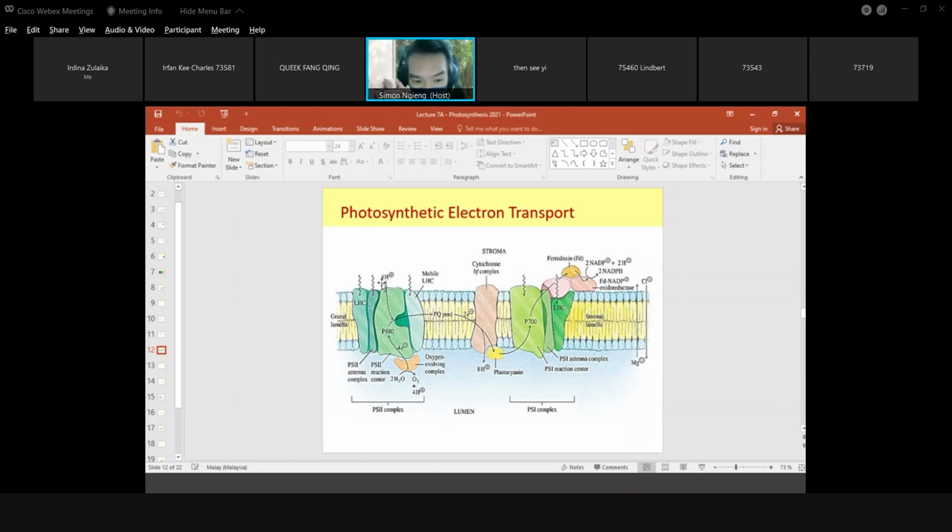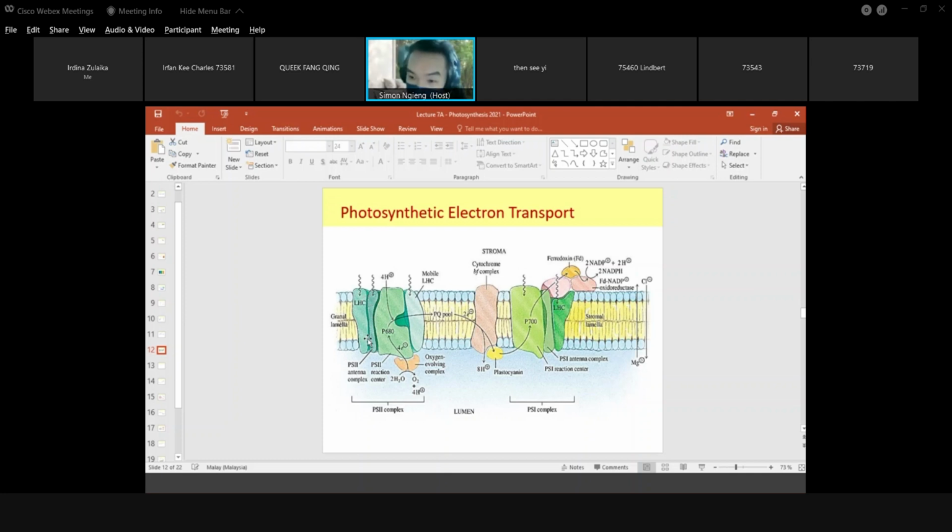Normally, if you refer to any reference, you will see the process starts from photosystem 2, and photosystem 2 is where your water molecule is going to come in. Once you have light shining onto it, electrons are excited and released by the chlorophyll molecule.